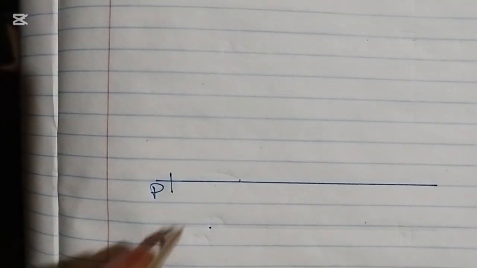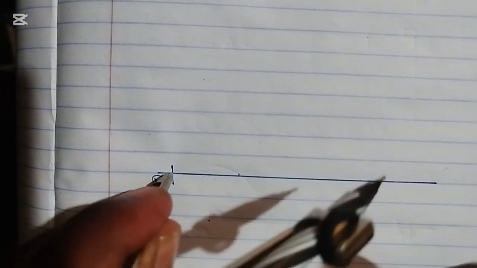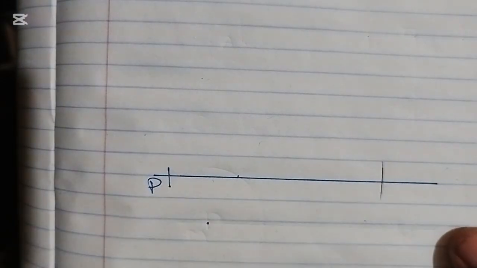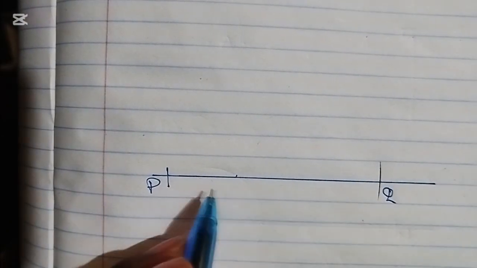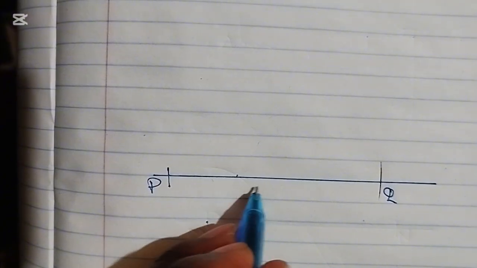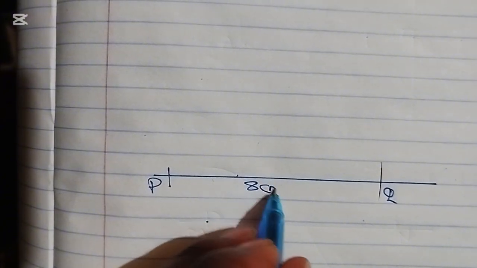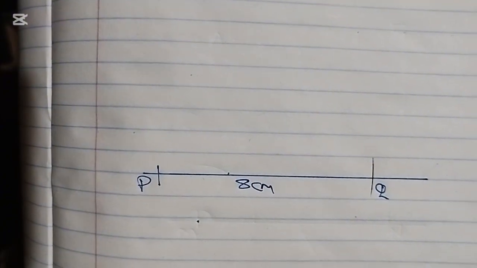This is my 8 centimeters. I'll stand here at P and make an arc here. That point is the point we call Q, and this length here is 8 centimeters as per the question.